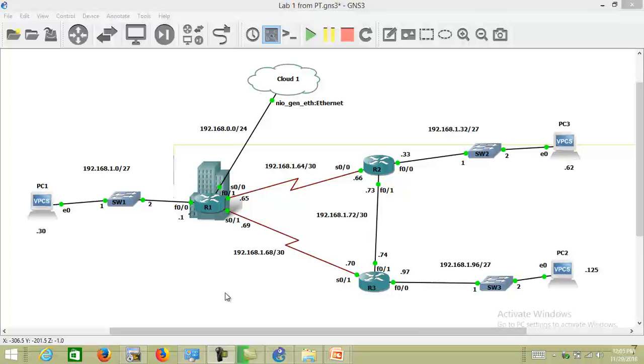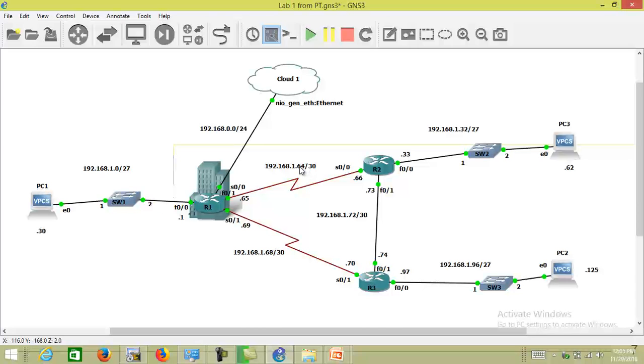So in the previous video we left off at here, where we have configured EIGRP on this topology. We added a new link that I've actually not assigned IP addresses to. You know that this topology is the one that we did subnetting from, in Packet Tracer and all that.